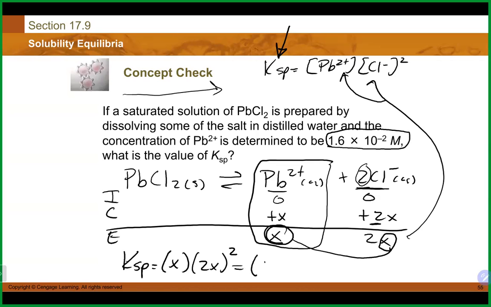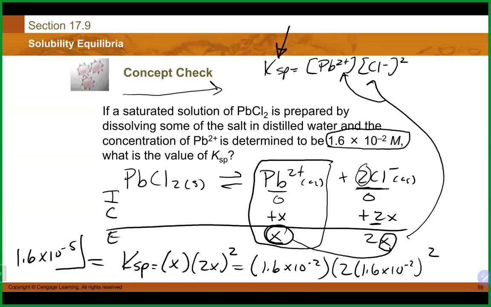So in this case, we could take 1.6 times 10 to the minus 2 times 2 times 1.6 times 10 to the minus 2. We still need to square it at the end. And if we do that, we will get 2 times 1.6 times 10 to the minus 2, squared, times 1.6 times 10 to the minus 2, which gets us, in this case, a KSP value of 1.6 times 10 to the minus 5.